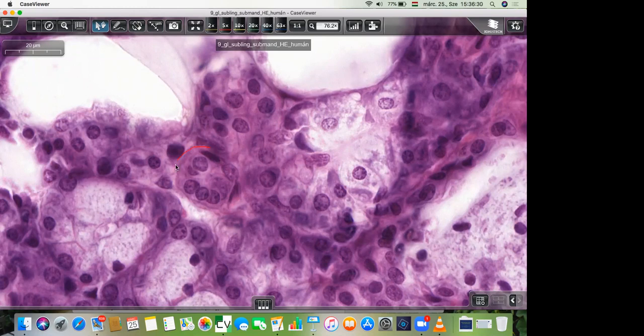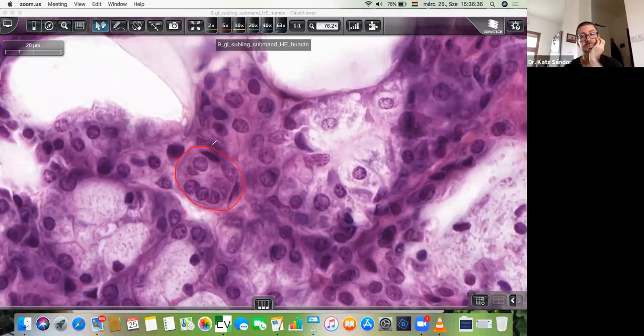Dr. Katz, is the striated more eosinophilic? More eosinophilic, yes. More eosinophilic than the intercalated as well.